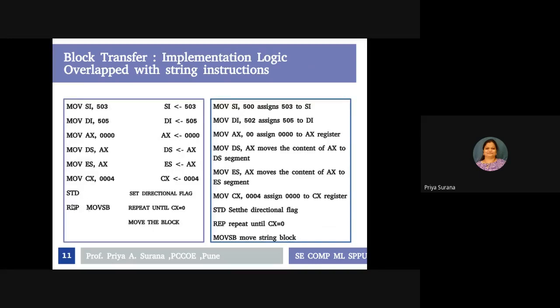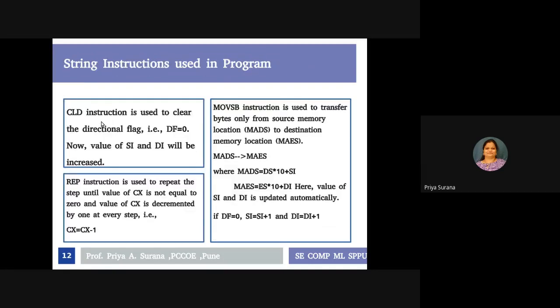So STD, REP MOVSB. 503 is the last location of the source, 505 the last location of the destination. A few locations from the source are used in the destination. Here the string instructions used in the program are mentioned. Now in the next video we will check the implementation point.